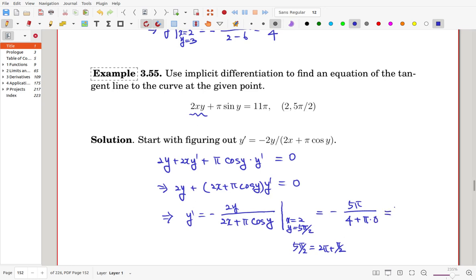So we have a slope here of minus 5 pi over 4.